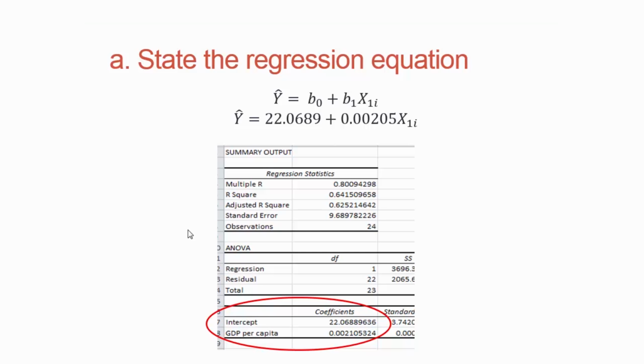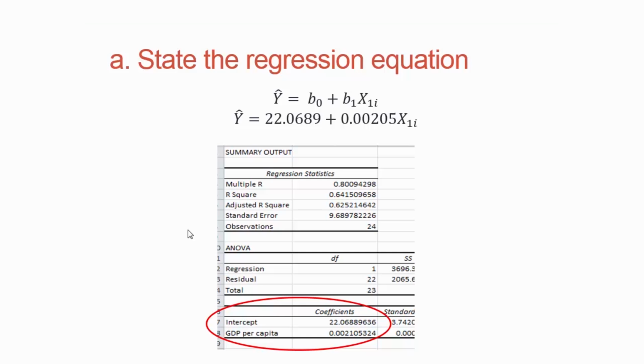22.0689 plus 0.00205 x1. Okay, and you could say plus E there, which means there may be some error associated with using this equation, and normally there would be, but it's not crucial to have that. So that's part A. That's all I have to do is write down the equation in the correct form.